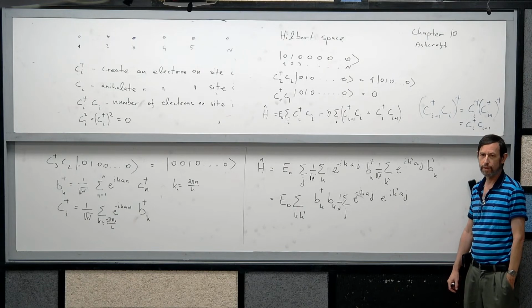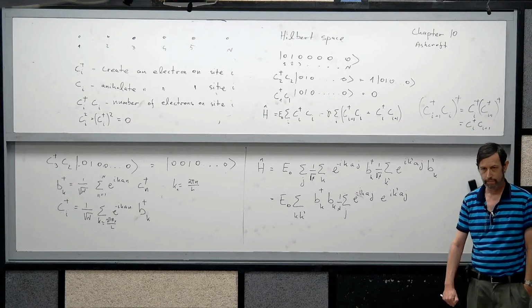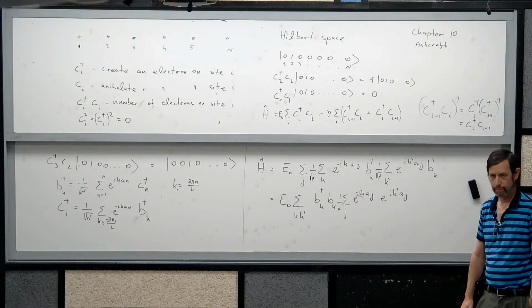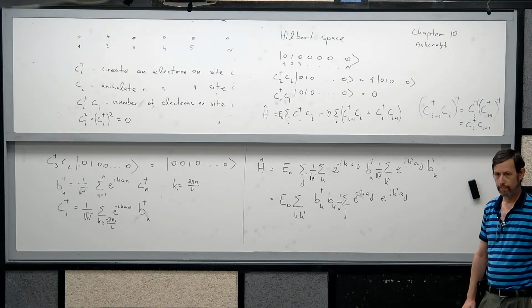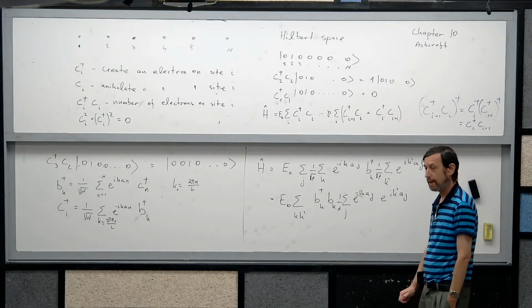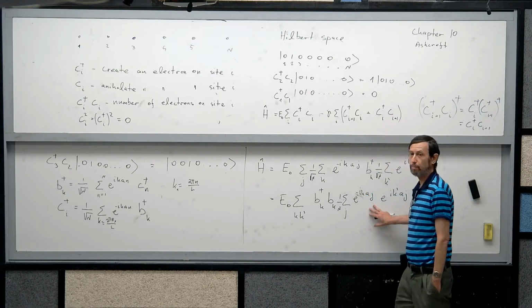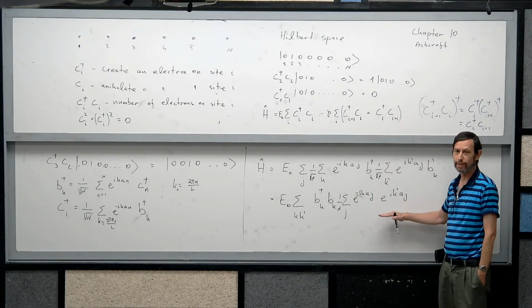What is the result of this summation? This is perhaps the most important summation that you'll use as a physicist: Kronecker's delta, delta k, k prime.